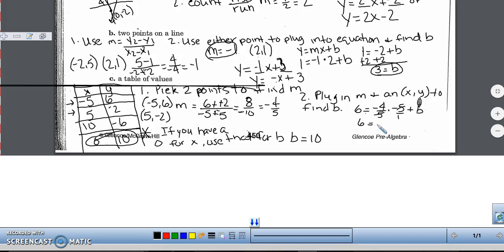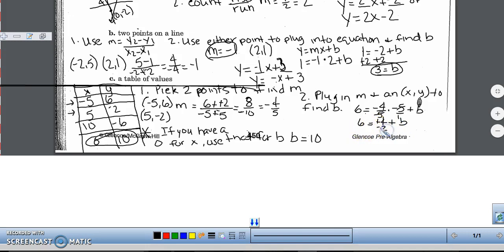Something's not working. I must have written the table wrong. Those are both negatives because I have a -5, 6 in the x. Let's see. So we've got +4 plus b.